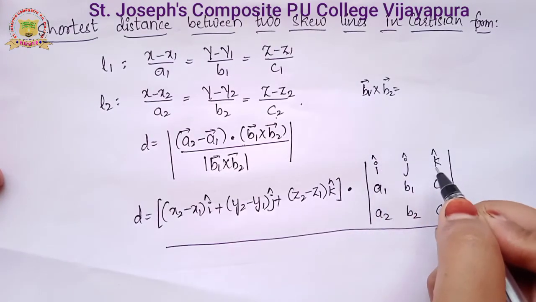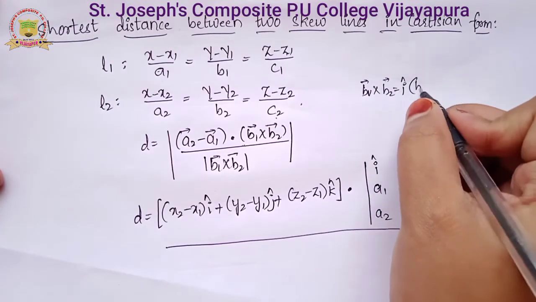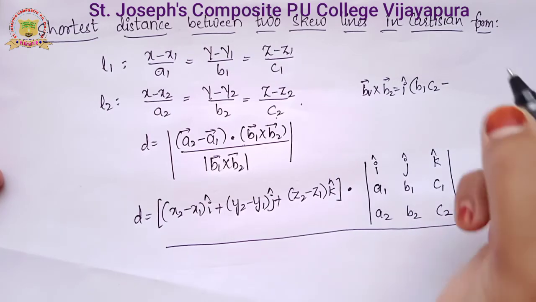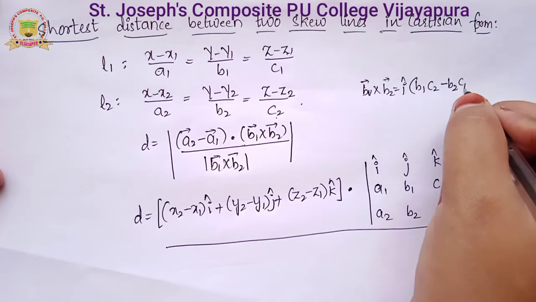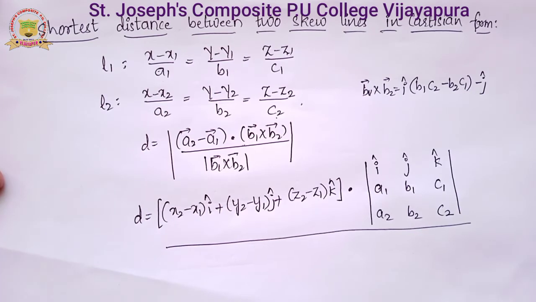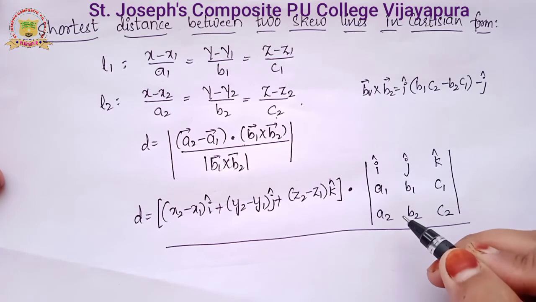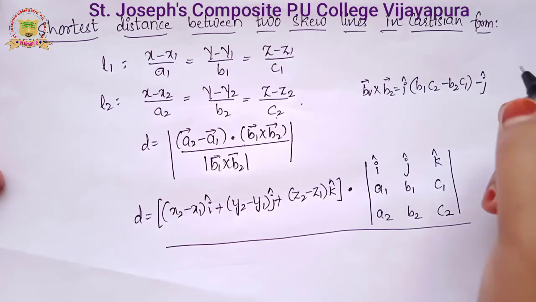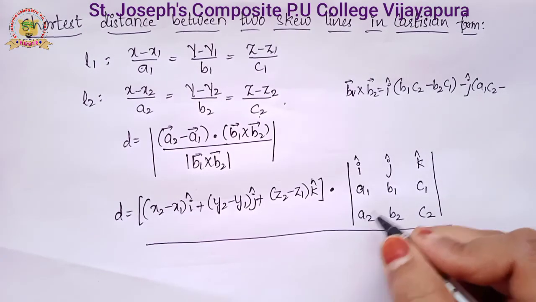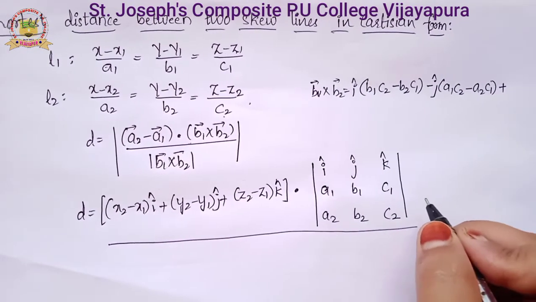First row, first column deleted: i vector into b1 c2 minus b2 c1, minus j vector, first row second column deleted, a1 c2 minus a2 c1, plus k vector.